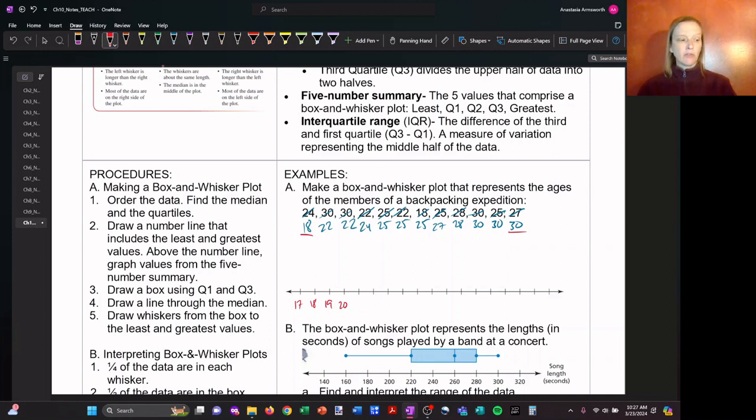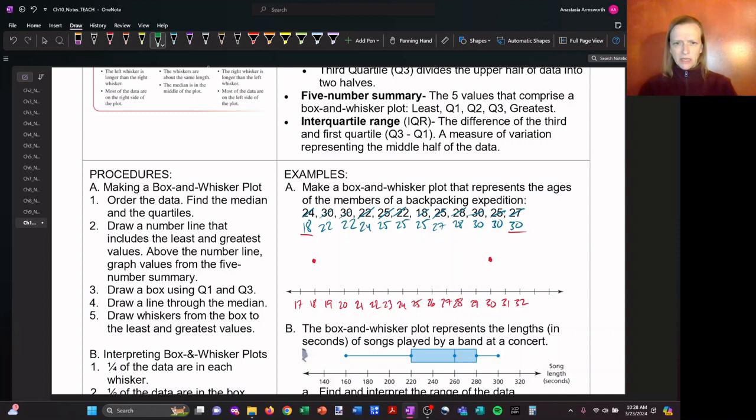I just happen to know that this number line is longer than what I need it to be. 22, 23, 24, 25, 26, 27, 28, 29, 30, 31, 32. I've already gone plenty high because my highest value is 30. I'm going to go ahead and plot the 18, and I'm going to plot the 30. So I've plotted my extreme values.